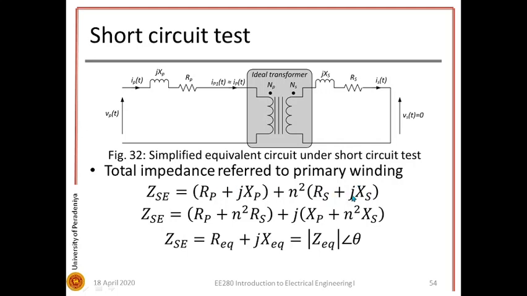We can rearrange the terms and put the resistive components together and the reactance components together. Rp plus n squared Rs is the resistive component, which I can represent with Req. The reactance component Xp plus n squared Xs can be represented with Xeq. So the total impedance ZSE is equal to magnitude Zeq and angle theta.